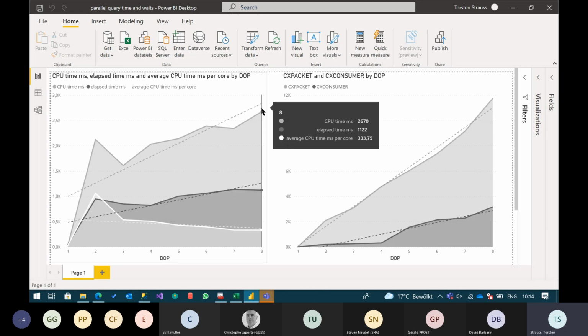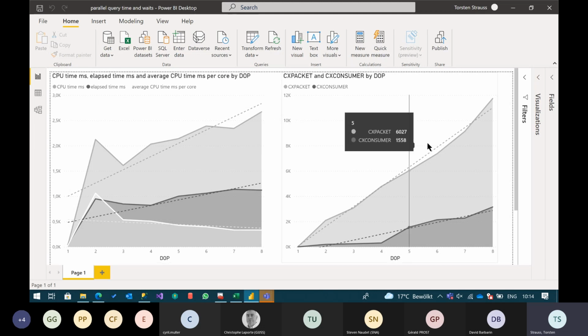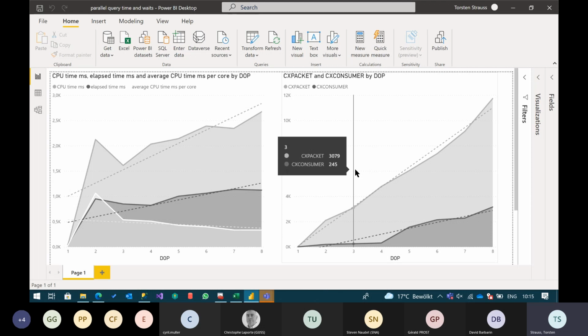The problem is not the query; the query is not specific. The problem why it takes longer is the CXPACKET, because CXPACKET is a wait type which tells you how long it takes to run the query in parallel.